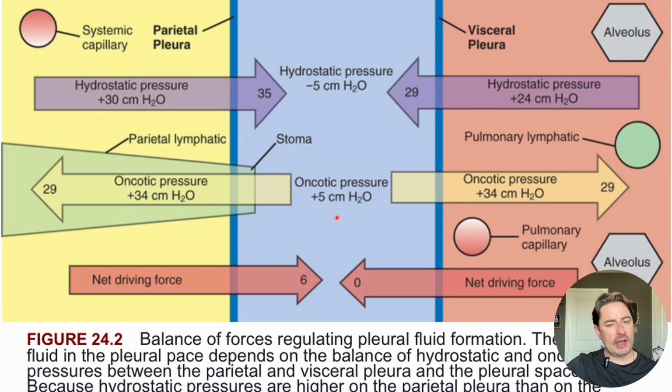So this is a complex image to fully understand, but when you start to see that the hydrostatic pressure on the parietal pleura is greater than the hydrostatic pressure on the visceral pleura, and the oncotic pressure on both sides is about 5 centimeters of water greater than the net difference of the hydrostatic pressure between the parietal and the visceral pleura, it ends up being this net force of zero between the two pressures, between the two structures.